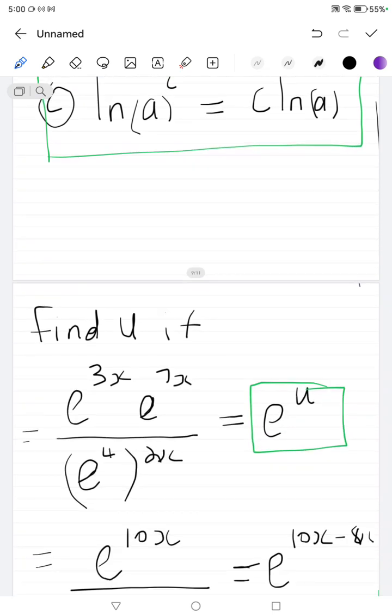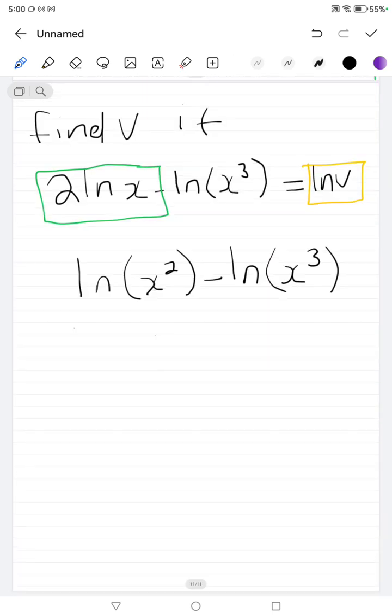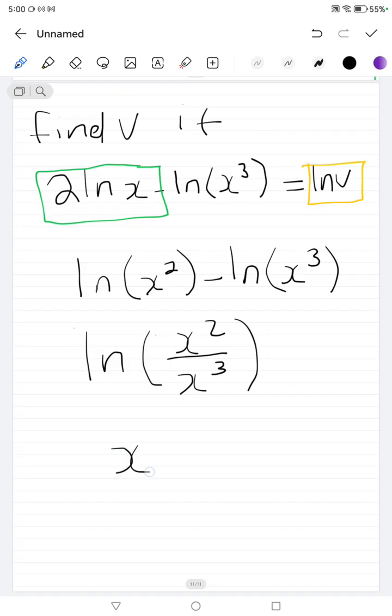It means now we can say we have ln of x squared over x cubed. This is the same as having x to the exponent 2 minus 3.